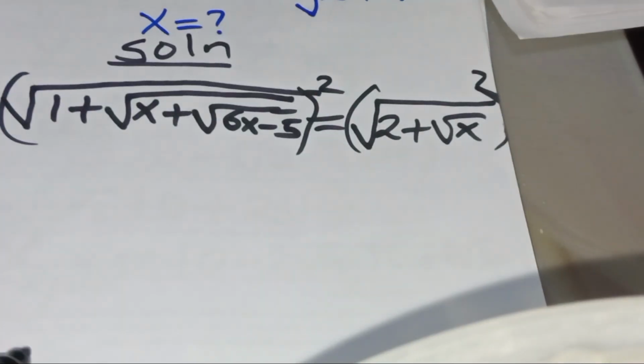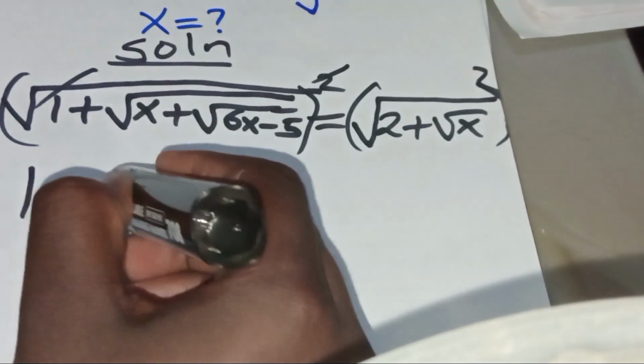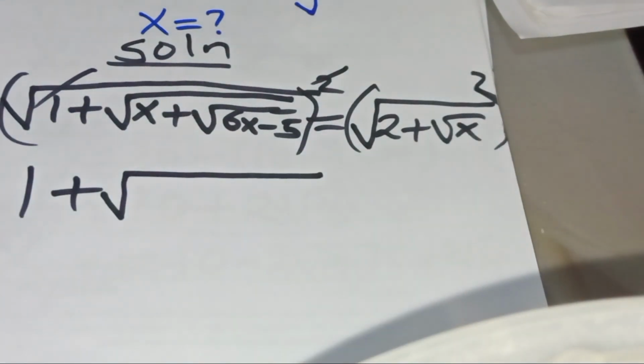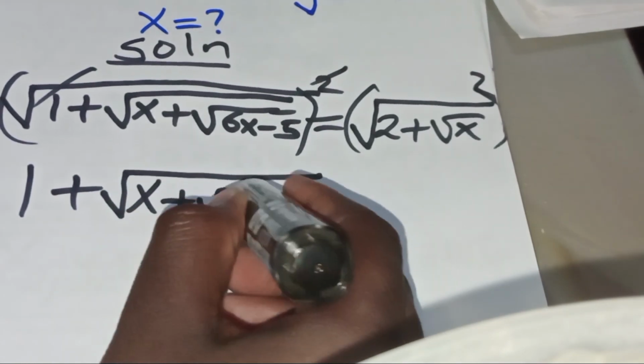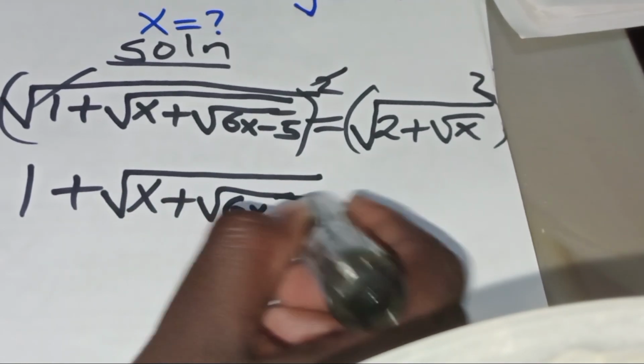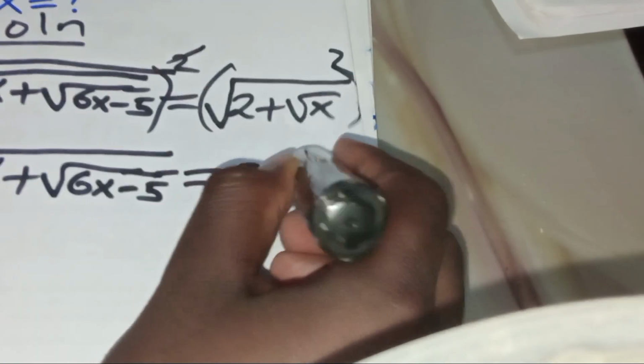We square both sides so that now we'll have 1 plus square root of x plus square root of 6x minus 5 equal to 2 plus square root of x. Simplified here.